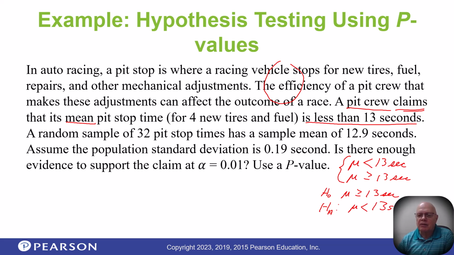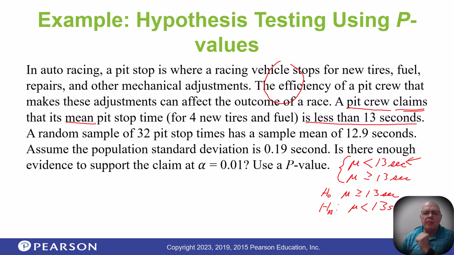So we think we're in good shape here. We've forgotten one thing. You want to write down which one was the claim. Well, the first one was the claim, so we're going to make a note here. The alternate hypothesis this time is the claim.